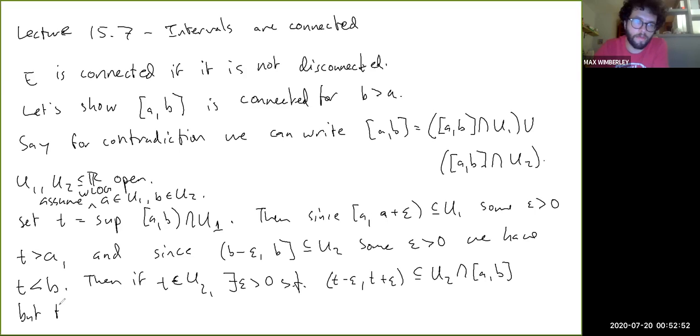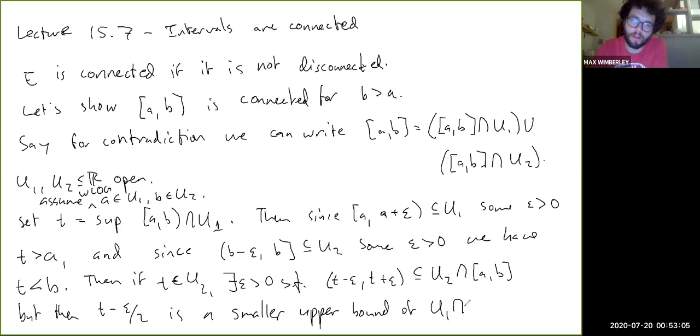But then T minus epsilon over 2 is a smaller upper bound of U1 intersect [a,b), which is also a contradiction.